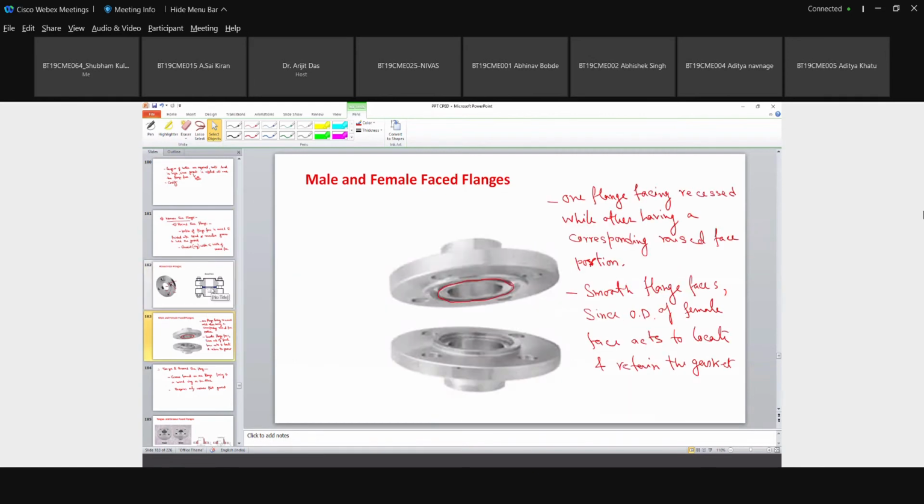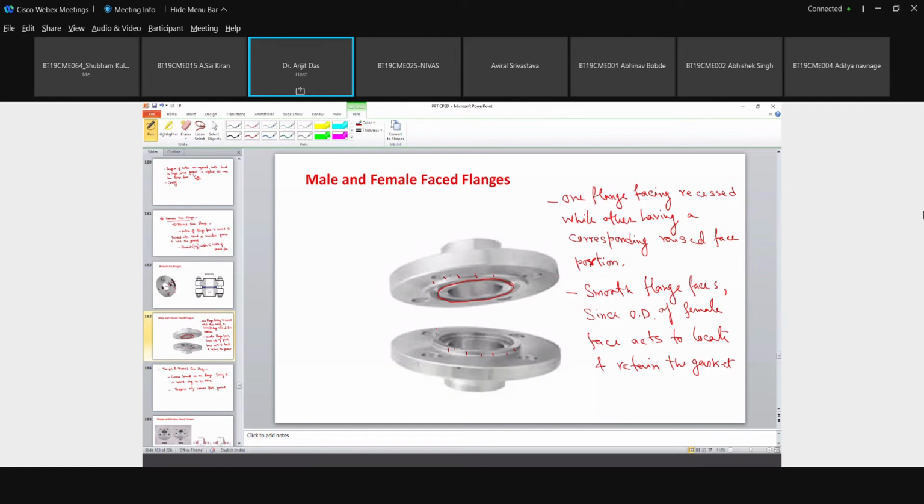Next is the male and female. Here you see there is a raised portion. You can see it is the raised portion. Here also a raised portion is there. Now you see that one flange face is recessed while the other has a corresponding raised portion.